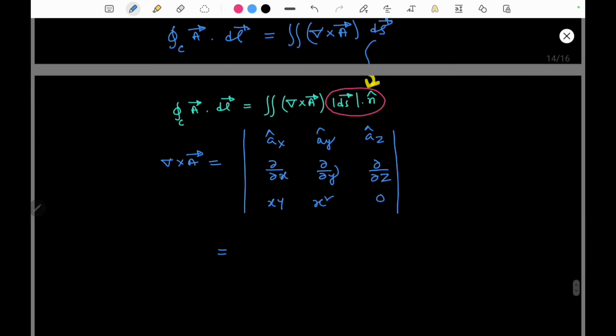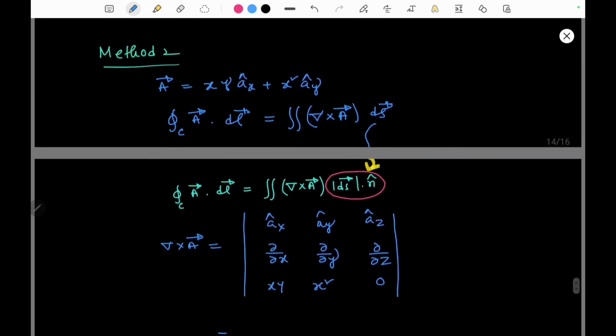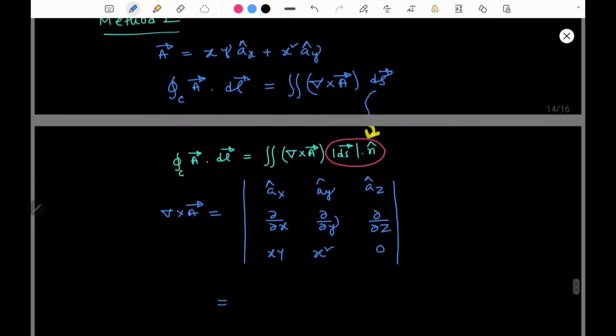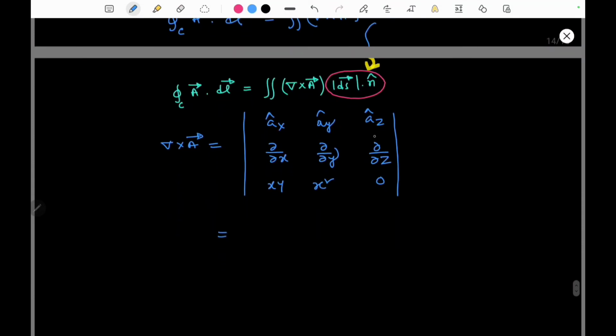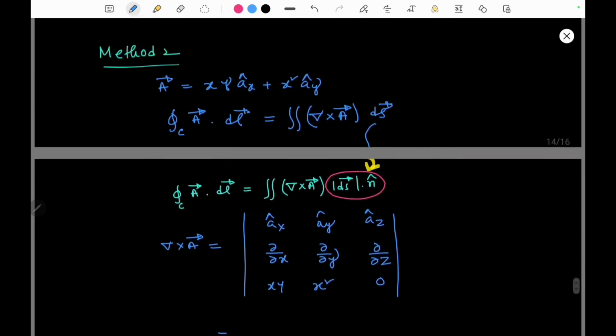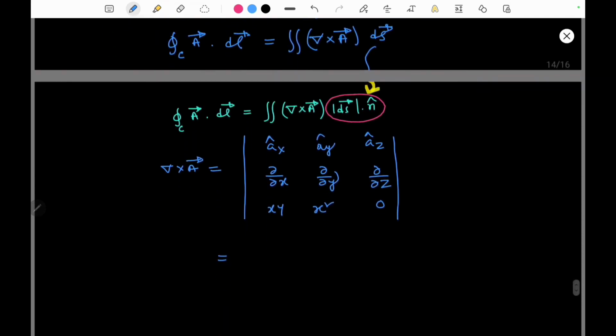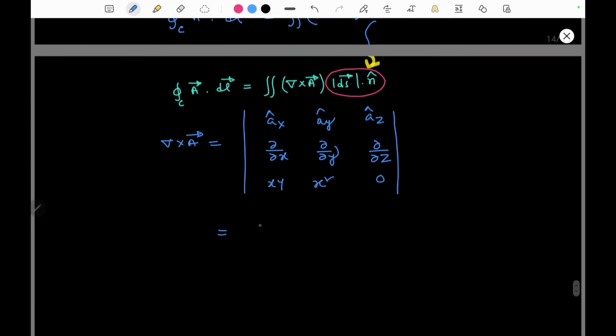So we are writing in here the ax cap's coefficient xy. Ay cap's coefficient x square, we are writing here. As there is no az cap coefficient here, that's why we are writing here 0. Okay, so if we calculate this, we will find this az cap into 2x minus x equal to x az cap.